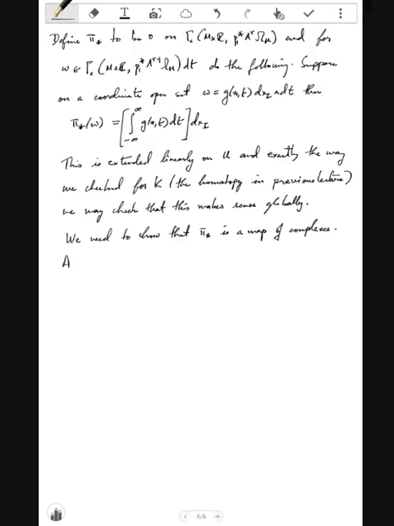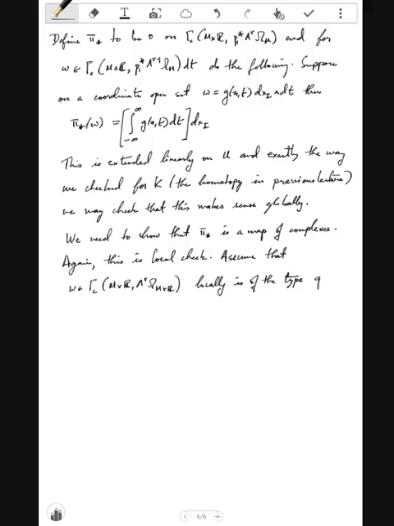Again, this is a local check, and assume that omega locally is of the type G. Okay, there are two types we need to consider.